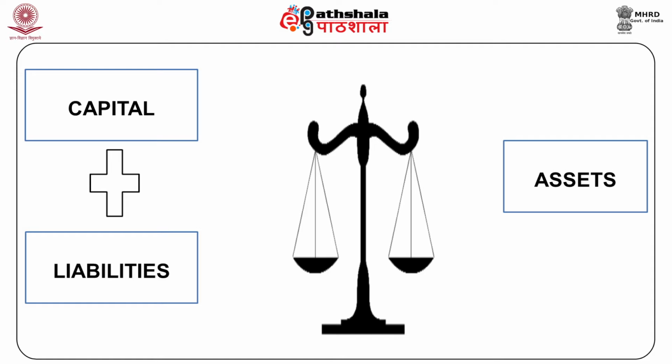At any point of time, resources of the business entity must be equal to the claims of those who have financed these resources. The owners and the outsiders are the providers of resources in the business, where capital plus liabilities is equal to assets.